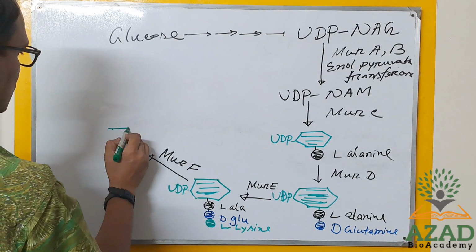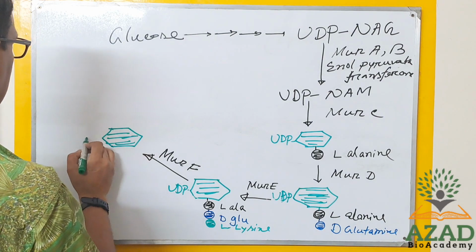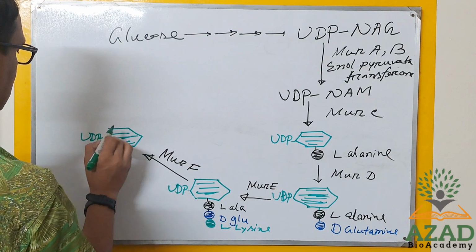here the sugar unit, that is the N-acetyl muramic acid, and UDP is attached.